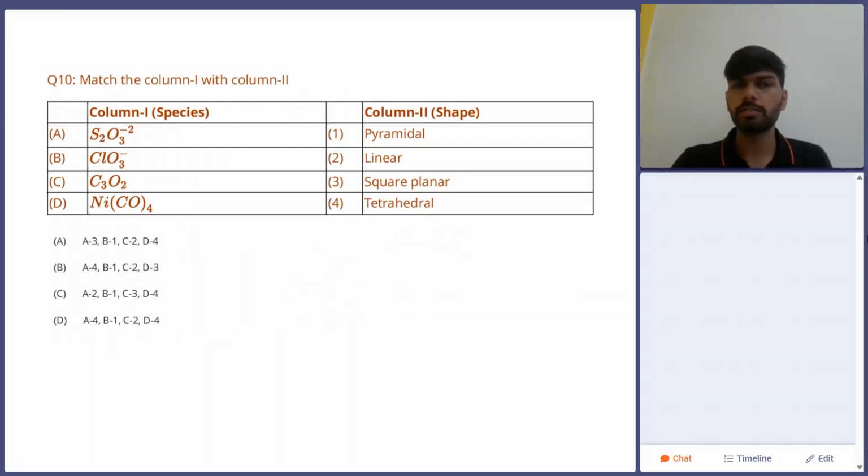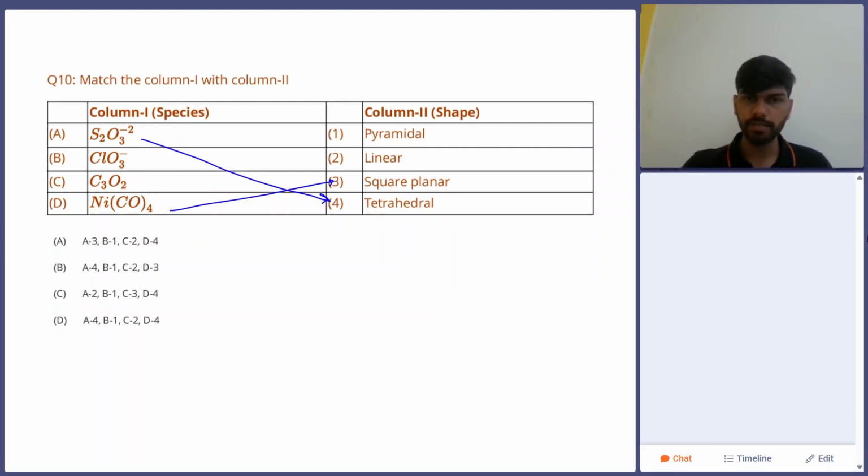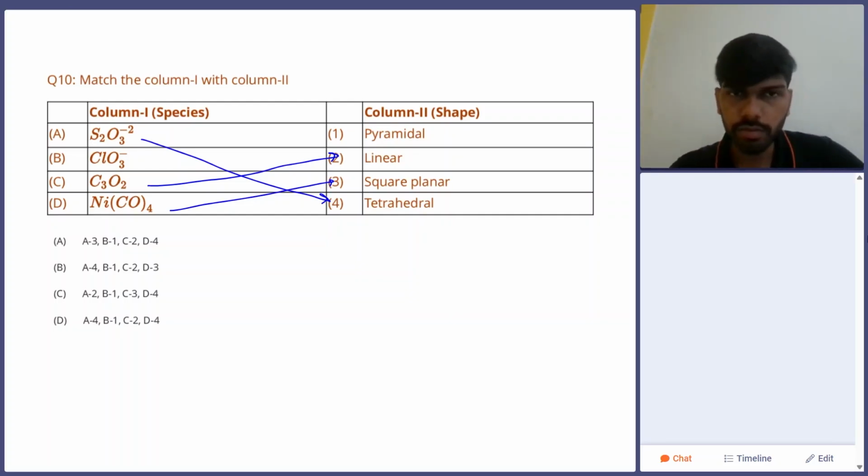Match the column with this one. So here S2O3 2 minus is tetrahedral. Then Ni(CO)4 is square planar. C3O2 is linear. And then this one, just a second, D4, sorry, D4 is tetrahedral.